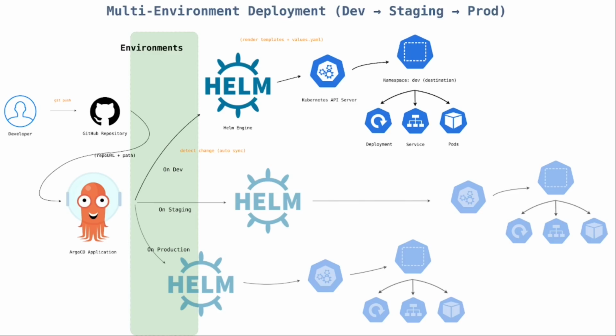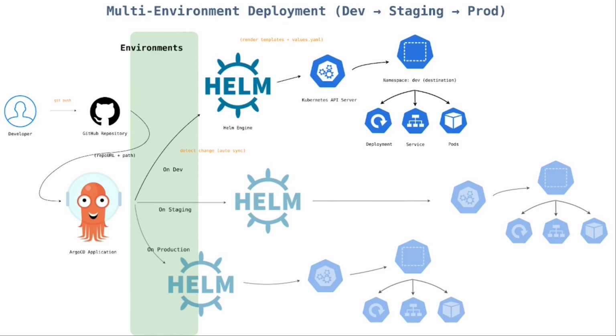End-to-end flow. For a broader perspective, the system works as a continuous loop. First, developers push changes to the Git repository. This change can include updates to application code, container image, or environment configuration.